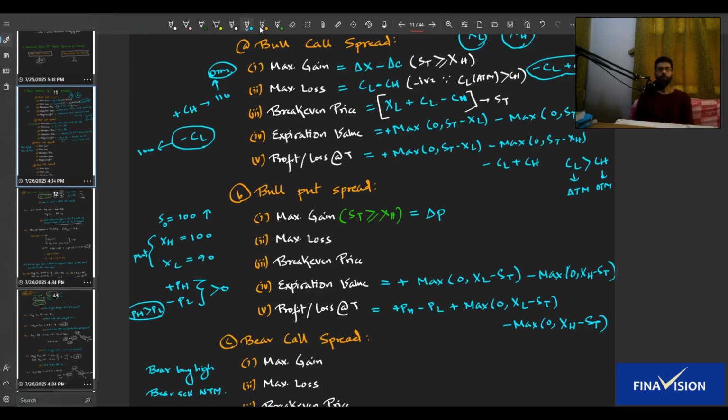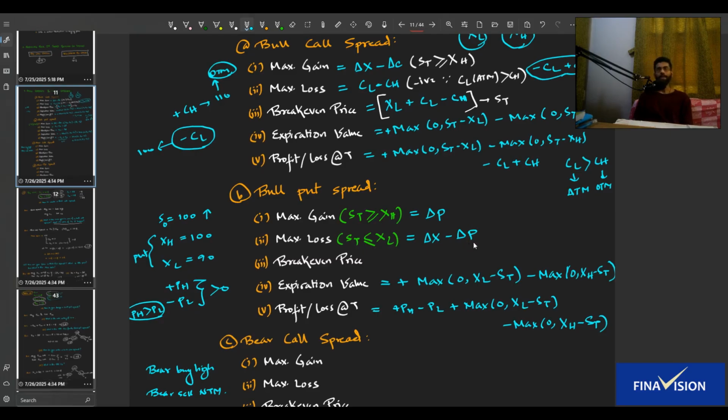And what is the maximum loss, friends? Maximum loss occurs when the spot price at expiry goes below the lower strike, right? Here also, the maximum loss amount is given by the difference between the strikes minus the difference between the premiums.